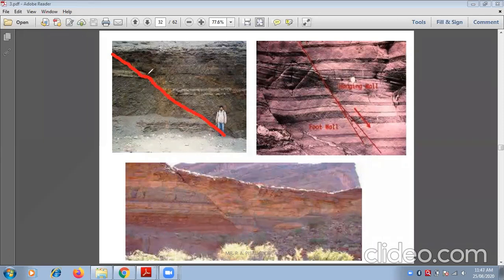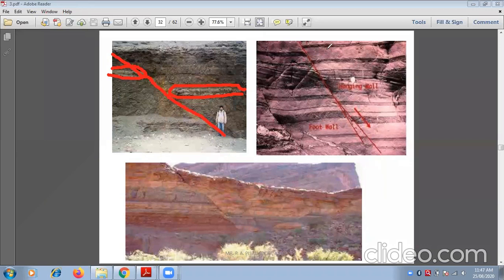How can you identify the layers? Here you can clearly see that this is the layer in this block and this is the layer in this block. These two layers are separated from each other, or they have moved from each other.